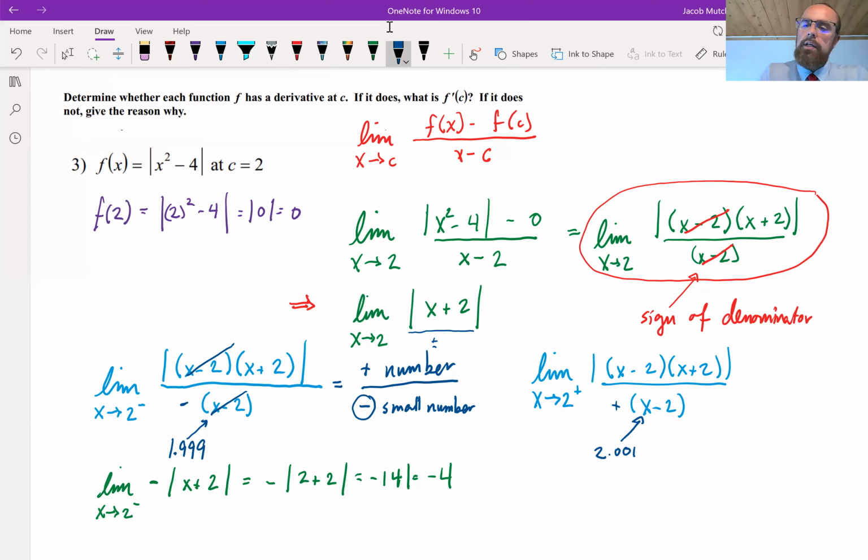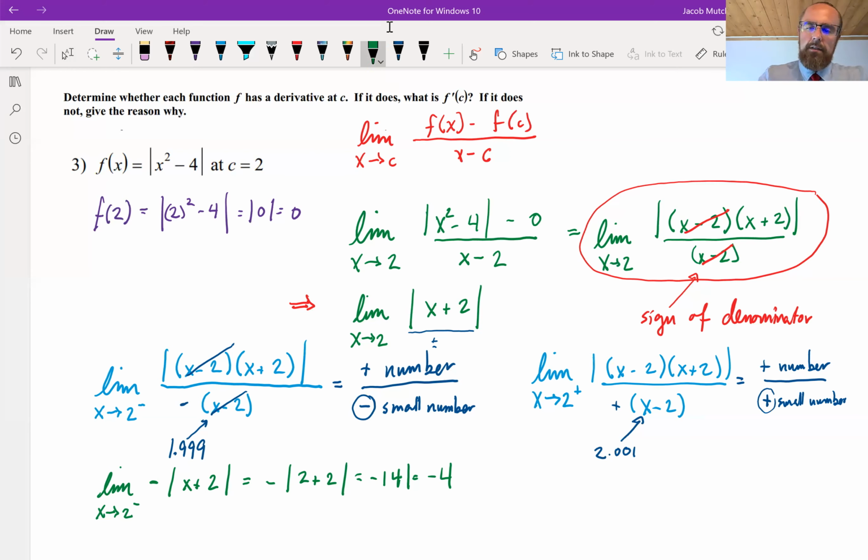So again, just to consider that the numerator is in absolute value, so it will be a positive number. And down below will be a positive small number. But again, the magnitude doesn't matter. What we're interested in is the sign. Positive divided by positive is positive.